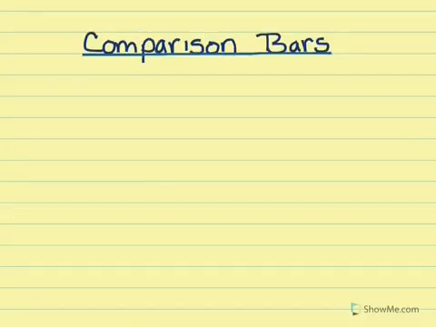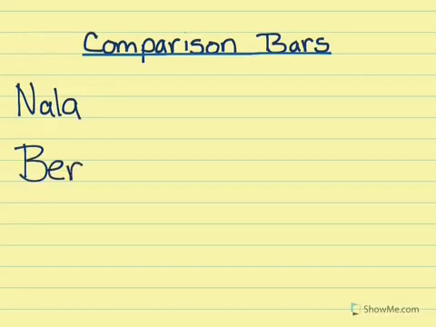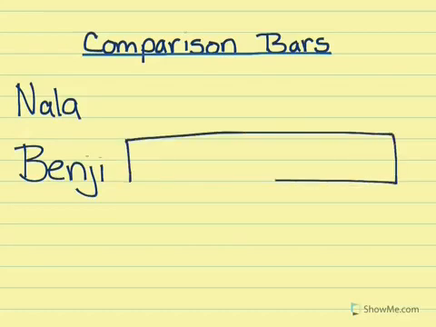I can draw comparison bars to show this. So we have Nala and Benji. I know Benji scored 2,500 points. Benji's score is going to be made up of Nala's.